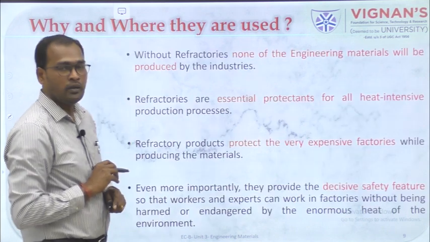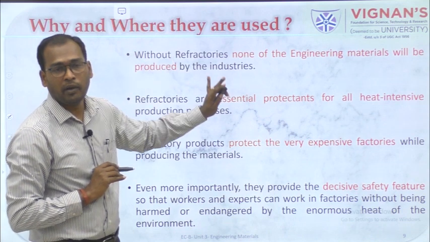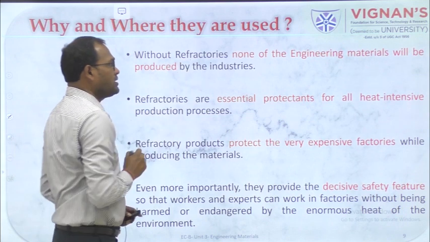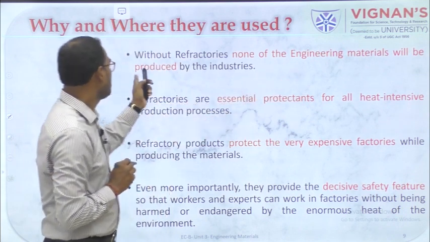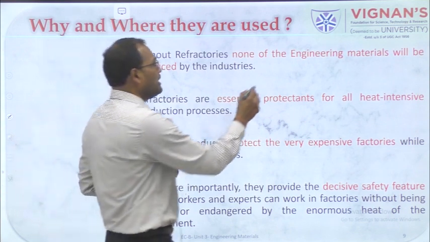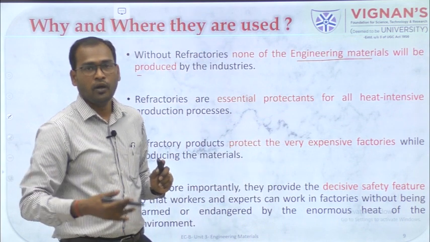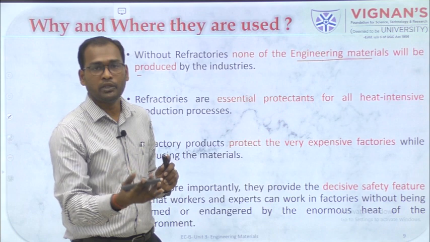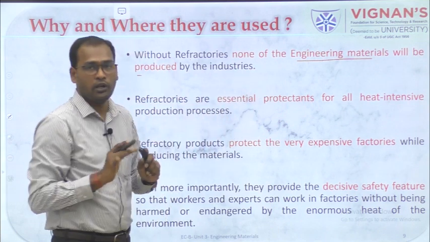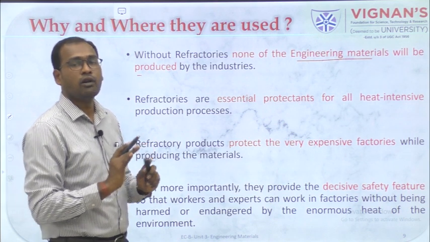So these are some more examples of where and when these refractory materials can be used. I have highlighted something. Without refractories, none of the engineering materials can be produced. Whatever structures you are going to make, whatever alloys, whatever composites, all those are not possible if refractory is not there, because all those things employ very high temperature in order to make them.